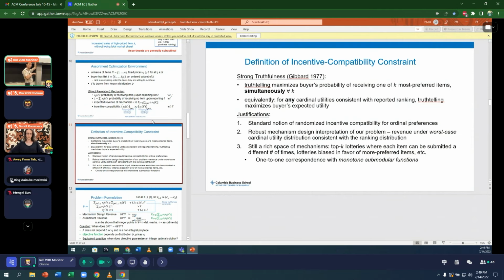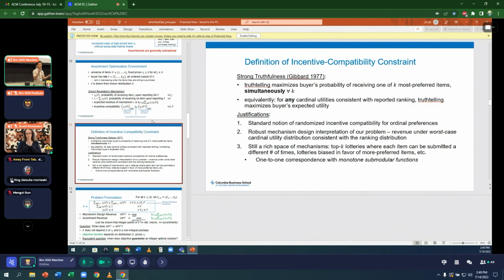There's an equivalent interpretation of this condition: when you report a particular list, given any real cardinal utilities you could have that are consistent with that list, regardless of what they are, truth-telling has to maximize your expected utility.